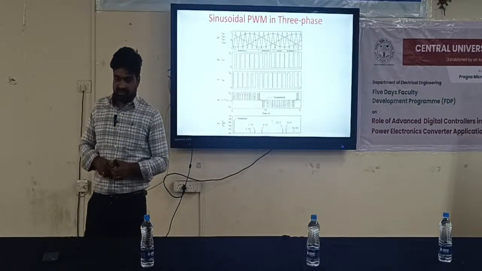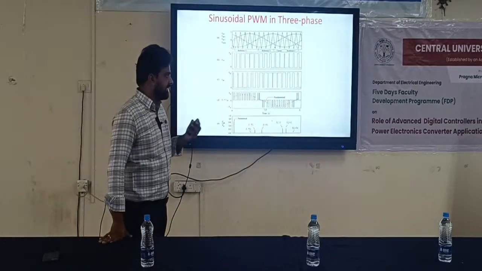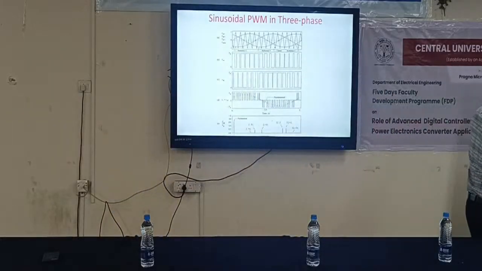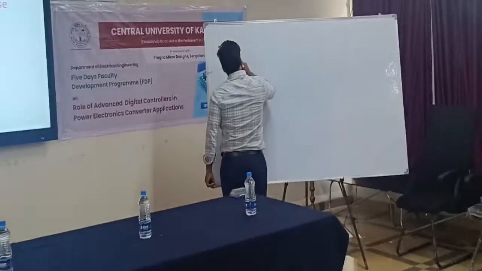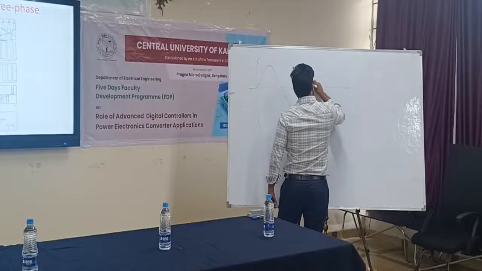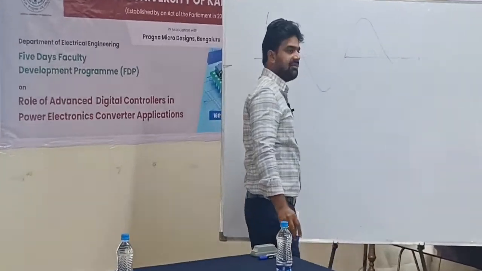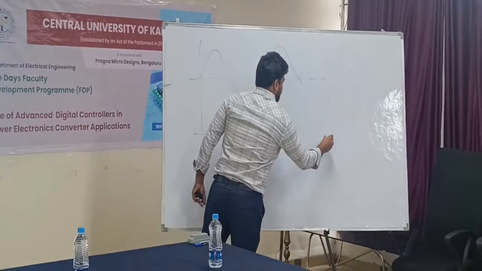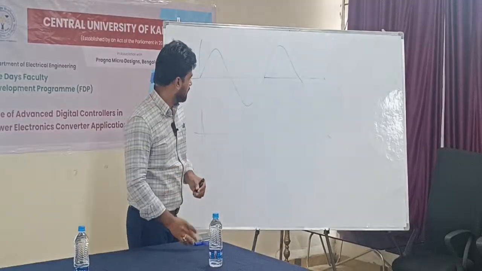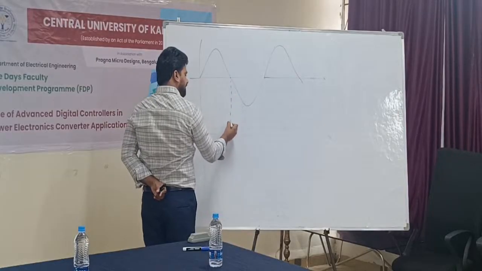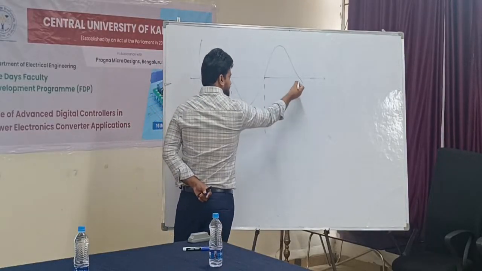That means, for example, if you consider a square wave, in a general notation, if you talk about the sinusoidal voltage of frequency f, and when we talk about harmonics, the basic problems with the harmonics: this is the fundamental component of frequency f.